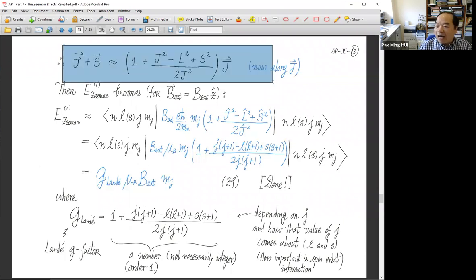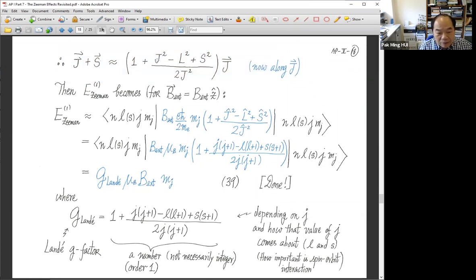All right, so now let me start here. After we project S onto the direction of J and ignore all the other components, we get really something that is parallel to J, but there's a prefactor. So now we apply first order perturbation theory. With this approximated to J, that's nice.